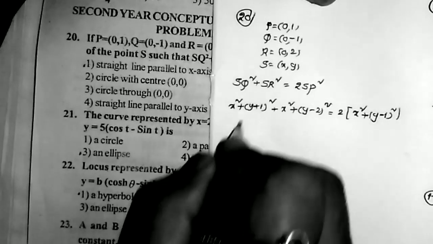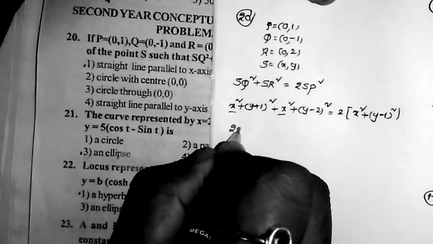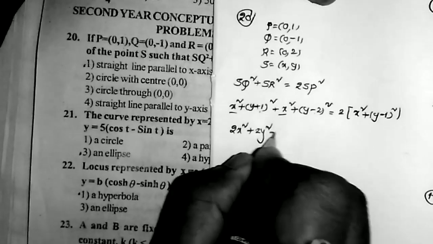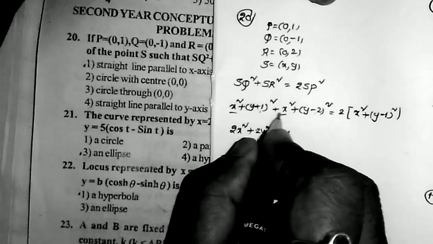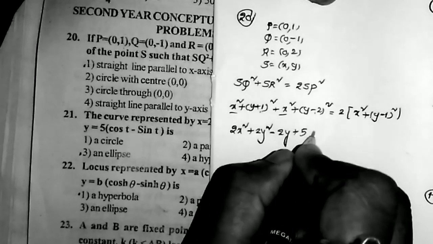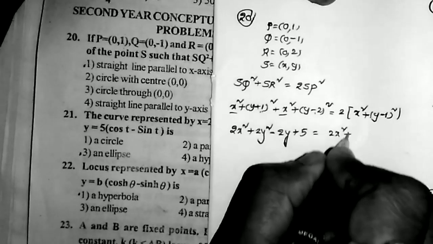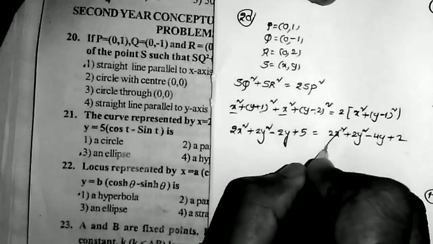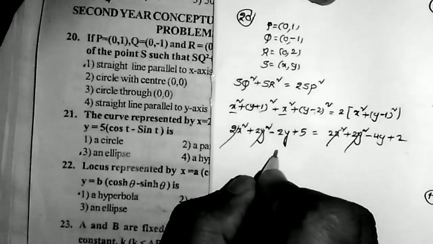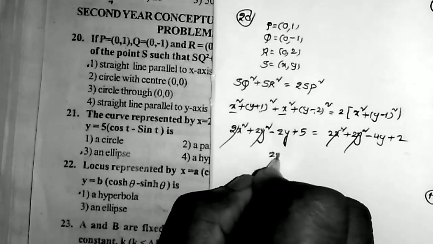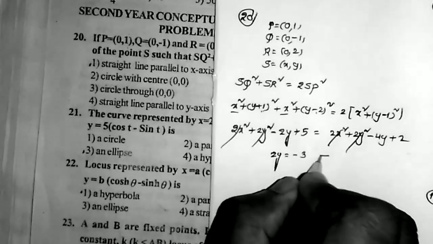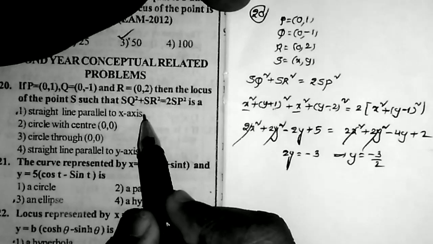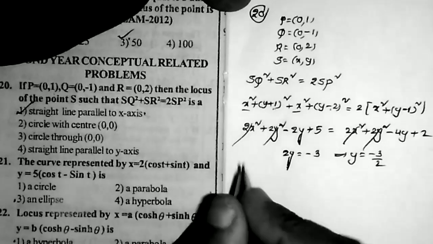Now taking the expansions, x square plus x square is 2x square, y square plus y square is 2y square, plus 2y minus 4y minus 2y, 1 plus 4 equals 5, is equal to 2x square plus 2y square minus 4y plus 2. Here 2x square and 2y square get cancelled. So this is equal to 2y is equal to minus 3, that is y is equal to minus 3 by 2. This is the line which is parallel to the x-axis. That is the first option.